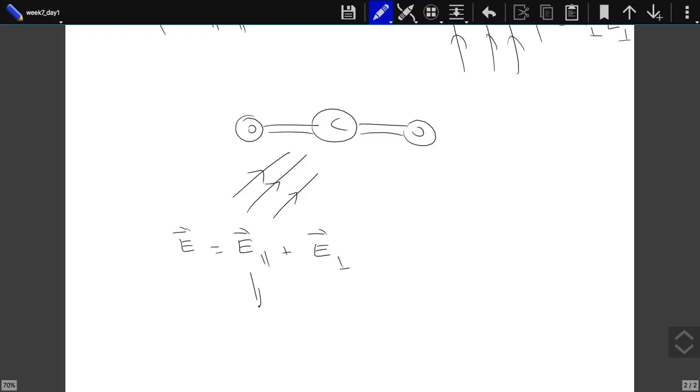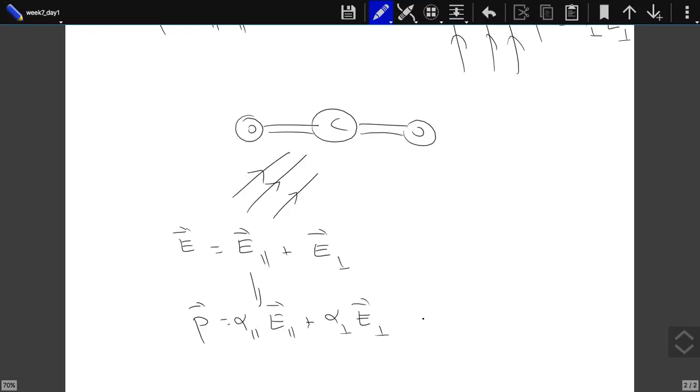And this component parallel to the line of the molecule will create some dipole moment. And the component perpendicular will also create the dipole moment. And this will be the total dipole moment created by this charge distribution.